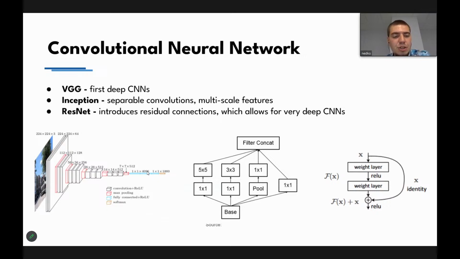Then you have the inception models. It's a family of 4 models, but what is most important in them is they combine different scales of convolutions together. So different scales mean different filter sizes: 5 by 5, 3 by 3, 1 by 1. And in that case, you can create features that relate multiple scales, so features between different scales of patches of images.